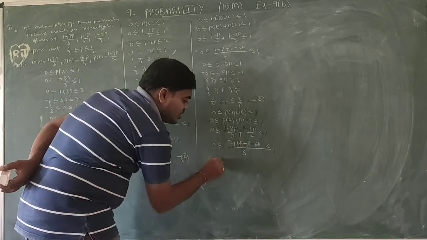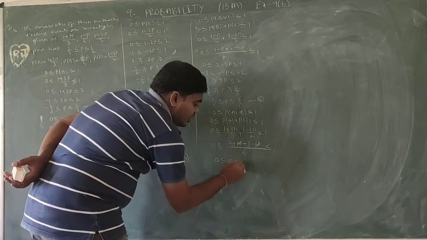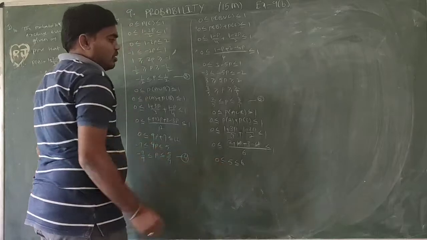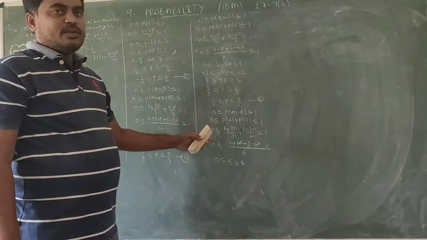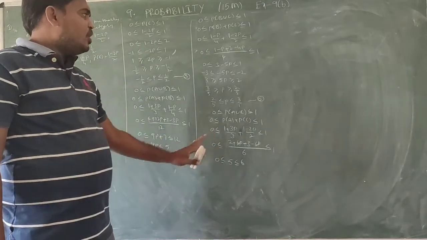Multiplying with 6: 0 ≤ 2 + 3 = 5 ≤ 6, so this is correct. Here we are not getting any term in P, so we don't need this one.